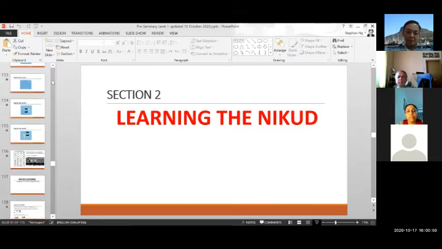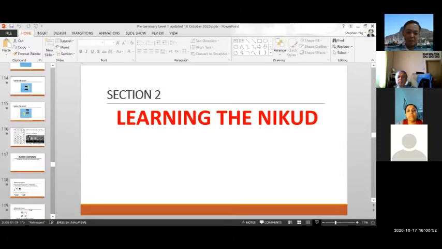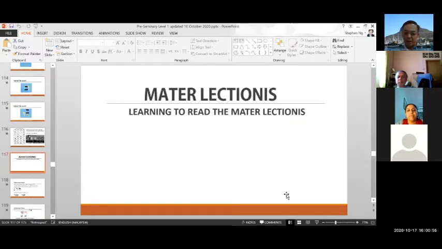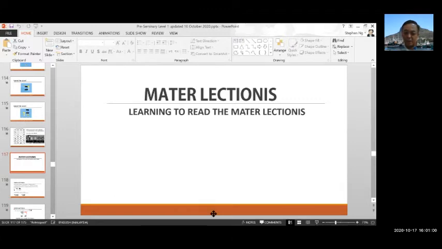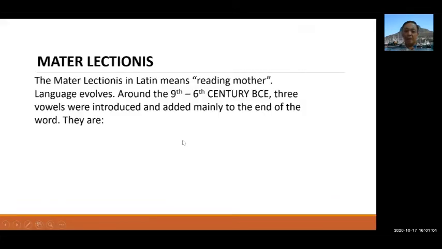We have already reached here, Mater Lectionis. Okay, can you see now? Yes. So basically Mater Lectionis is Latin, it means a reading mother.